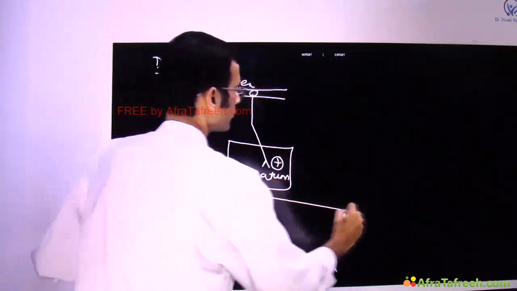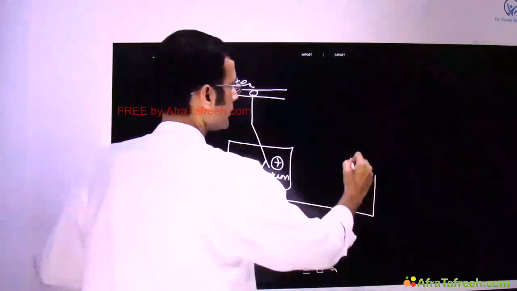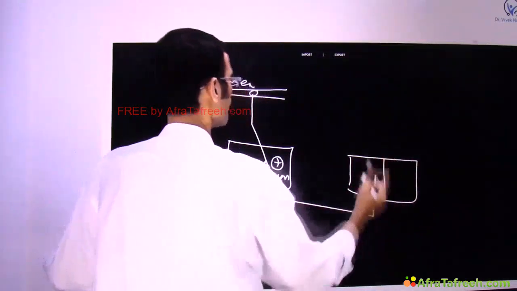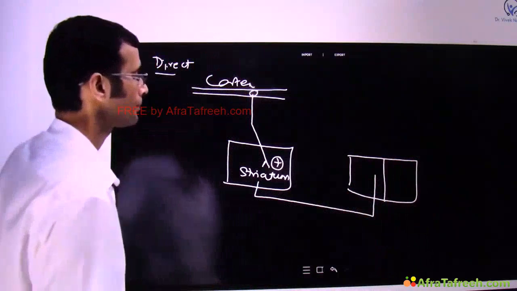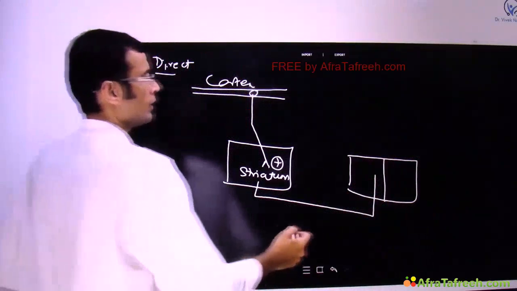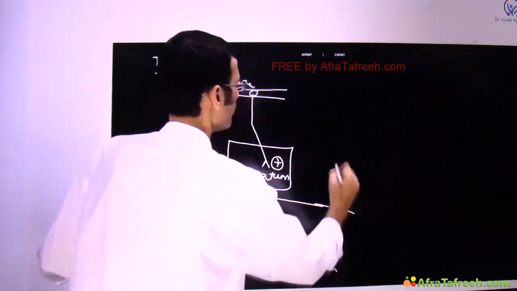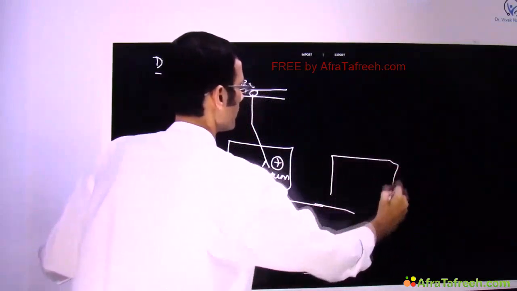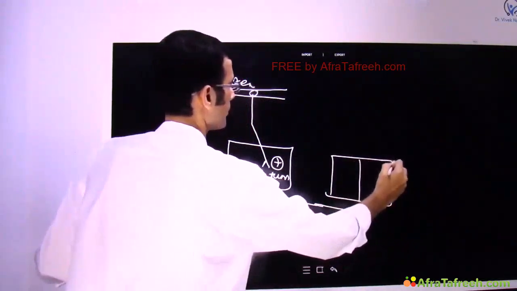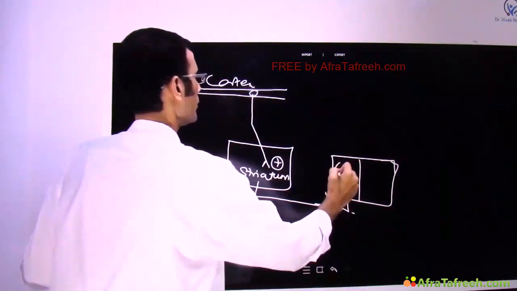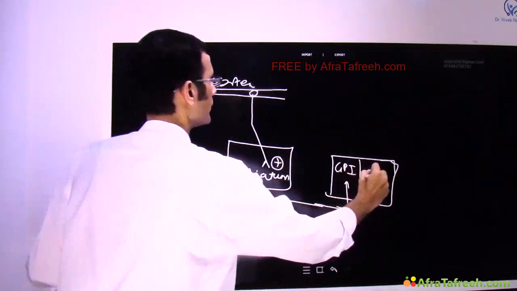Striatum will now start, striatum sends fiber to the pallidum. So this is the pallidum. Striatum to pallidum. Internal globus pallidus.